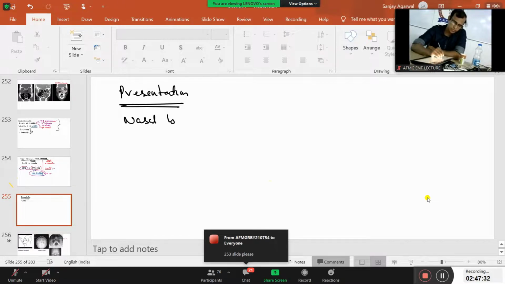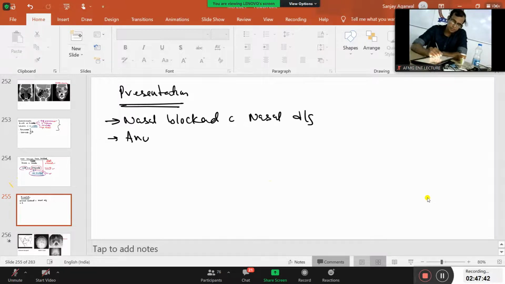Besides this, we can have so many other things like anosmia, loss of sense of smell, and foul smell from the nose is a possibility.